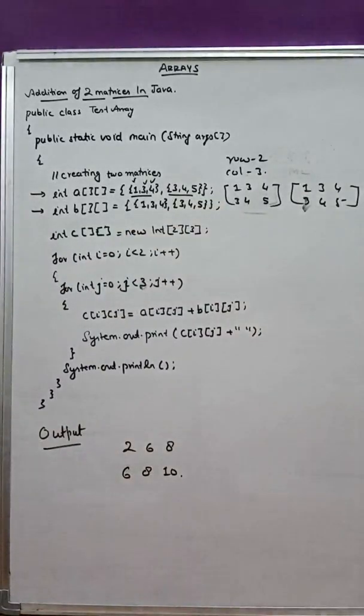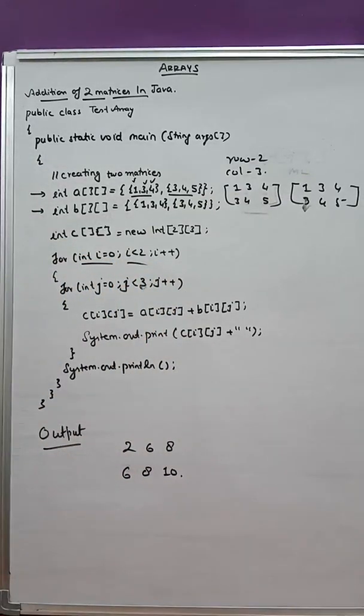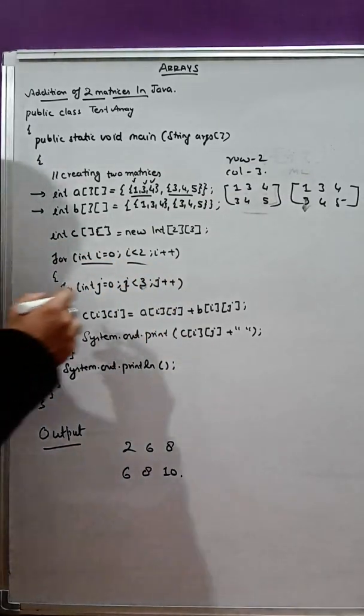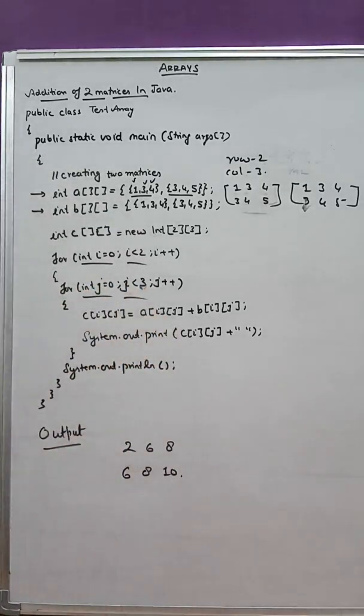Once we have calculated it, we need to add the two matrices. The number of rows is 2, so the loop will run from i equal to 0 to i less than 2. For the columns, which is 3, the loop will start from j equal to 0 and go until j less than 3.